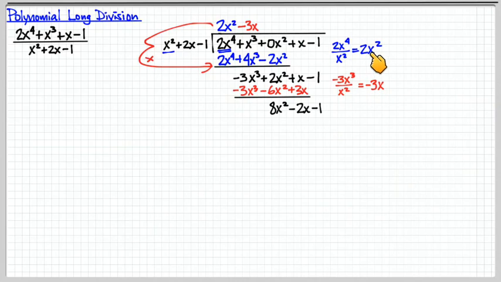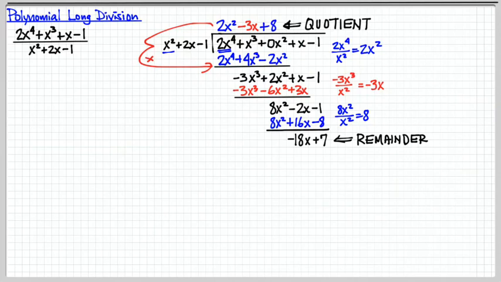We structured it so the highest term will always disappear. Now I'm left with this. Repeat one more time. Take the 8x squared divided by x squared. Write that out over here. Bring the 8 right up there. And do a subtraction again. Now at this point, I'm done.